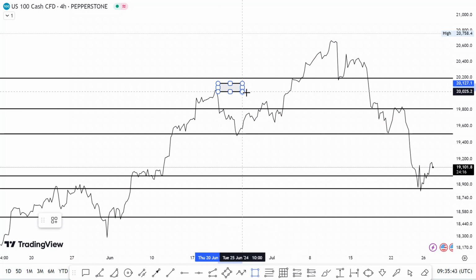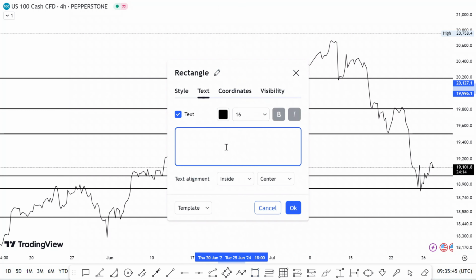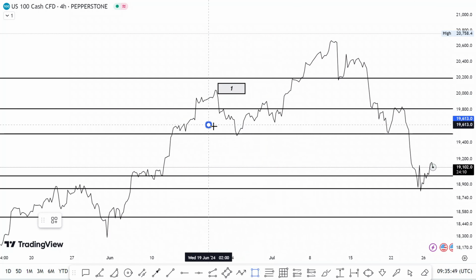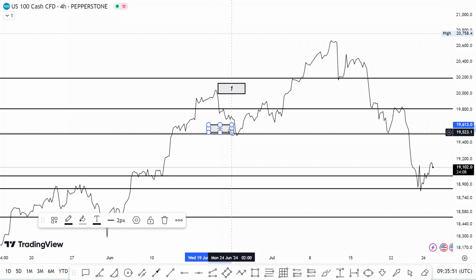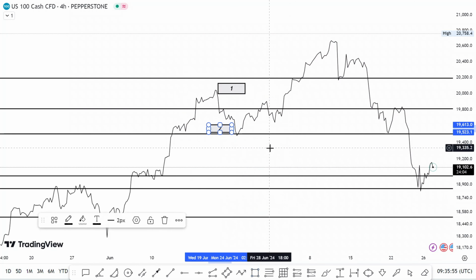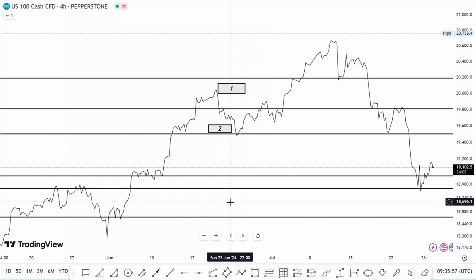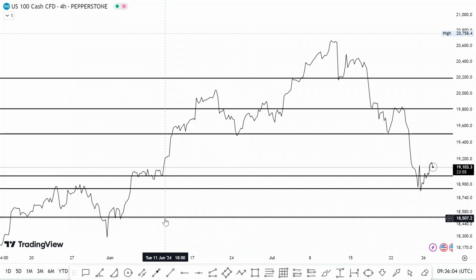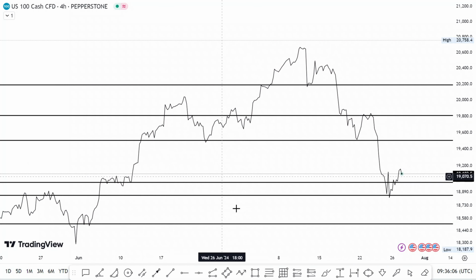For example, this will be one zone, this will be two, this one will be three, this one four, this one five, and I will look for a minimum of three support and resistance levels.